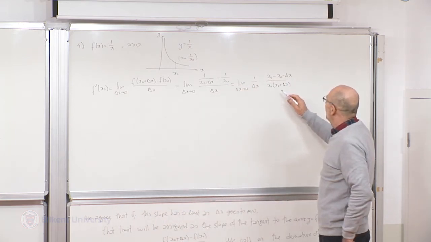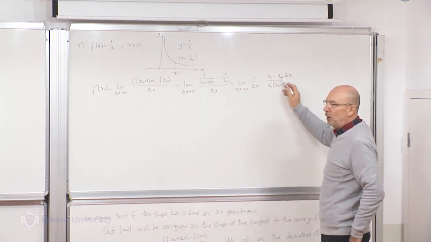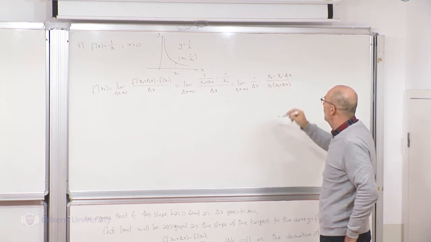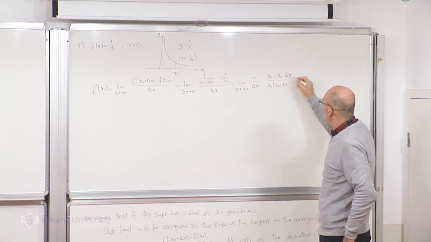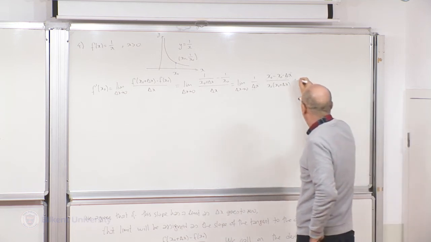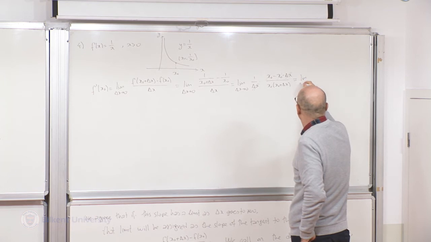Okay, so again, there are 2 things which don't contain any delta x in them. If they stayed here, I would have 0 division. They are conveniently dead. I have this delta x canceling with this delta x. And I have this limit now. Limit delta x goes to 0.